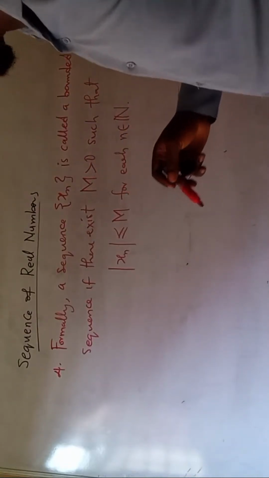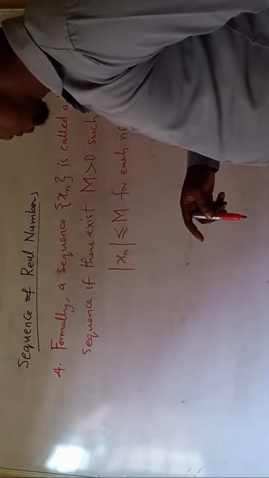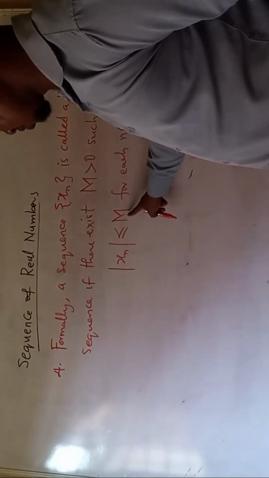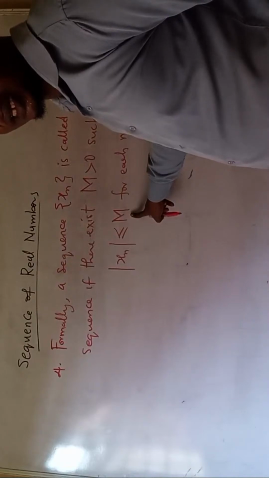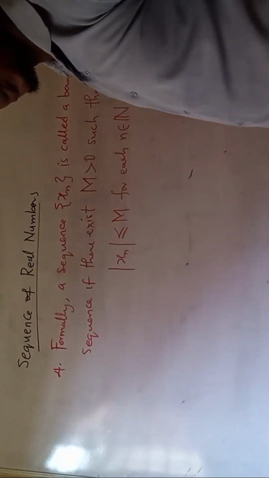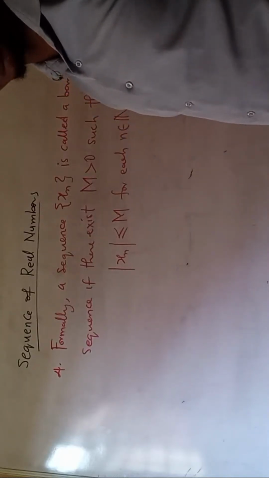When we take the absolute value of that sequence, it is also less than or equal to this. If that happens, this is a bounded sequence. A sequence that satisfies this condition also definitely has a minimum.